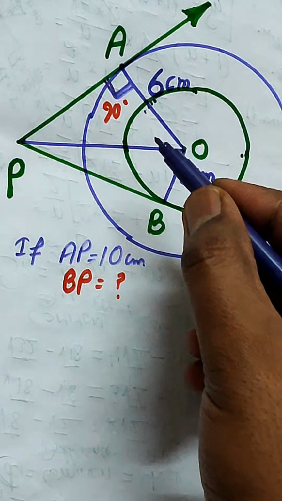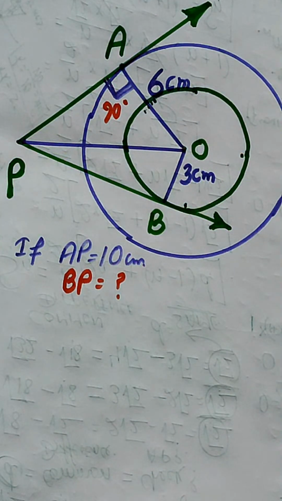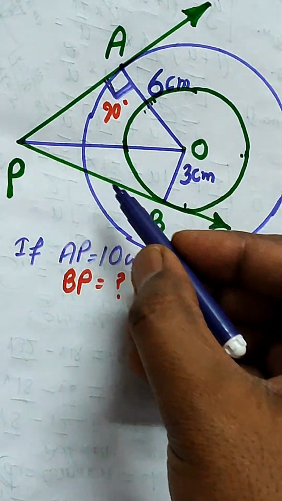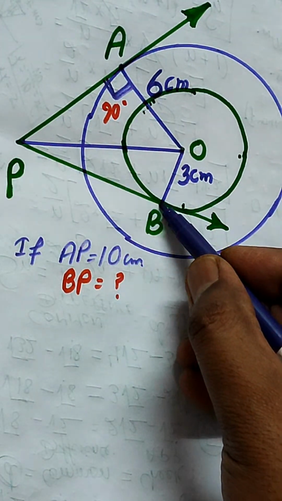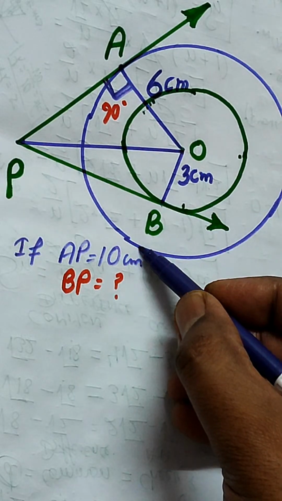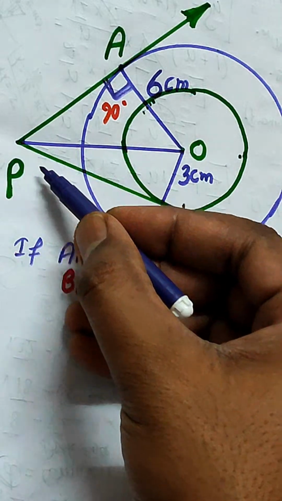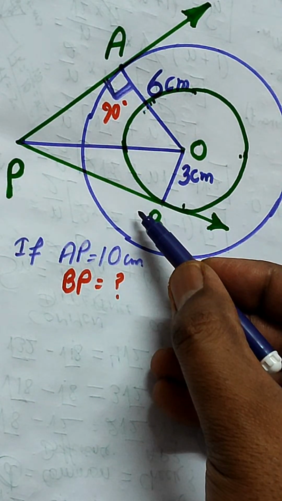PA would have been equal to PB only when B was lying on the blue circle. Then PB would be a separate line, not the green line.